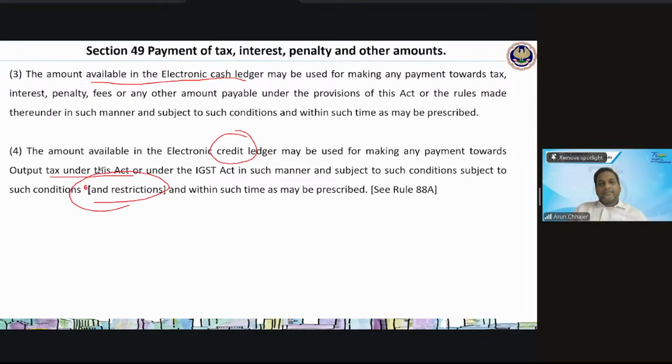Please note, the word restriction has been added later on. Can anybody tell me, are there any restrictions for utilization of the credit ledger?